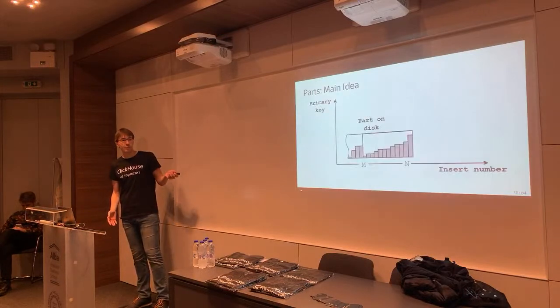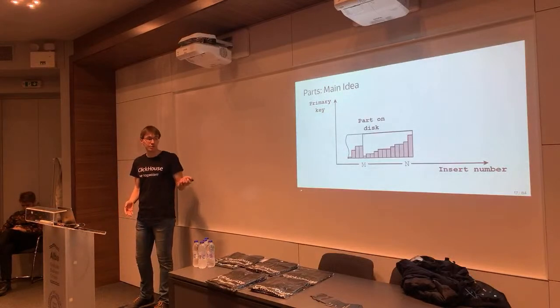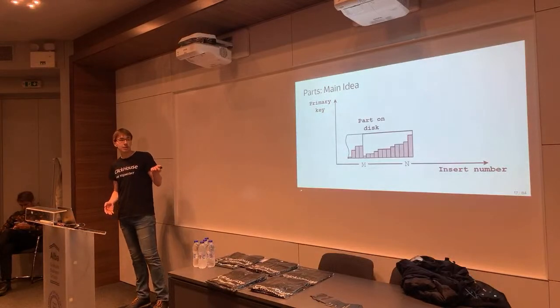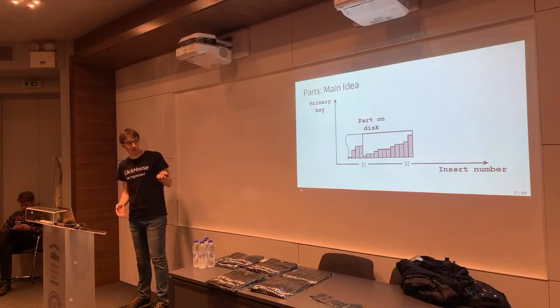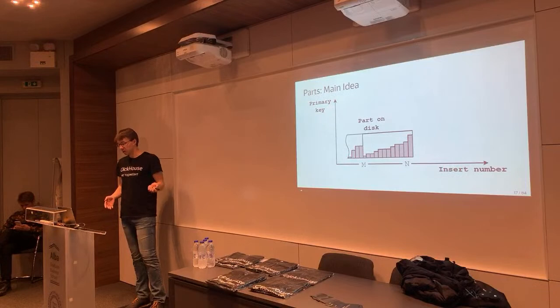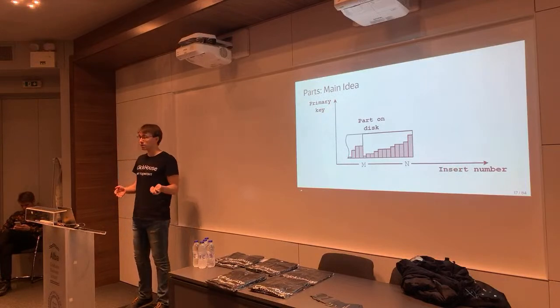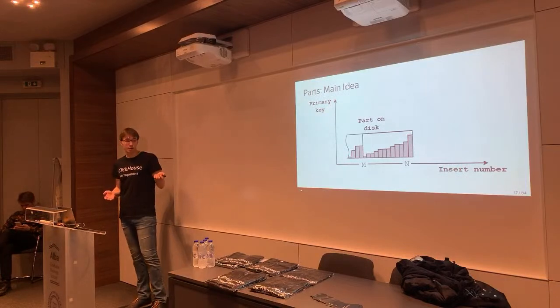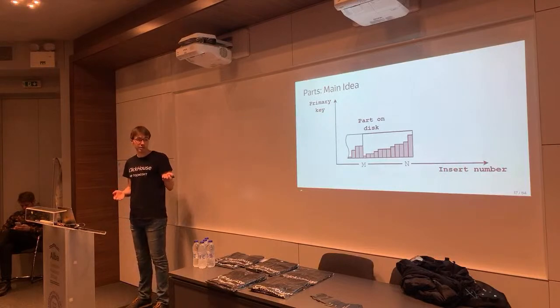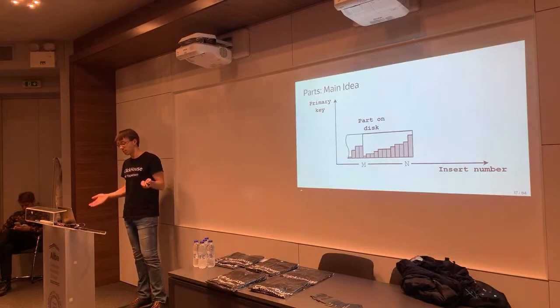Okay, let's look at this picture to see how it works. On the y-axis we have primary key growth, so our data is ordered in primary key order in our parts. And on the x-axis we have the insert number. Each part contains some number of inserts, and the last insert in our table has number n.